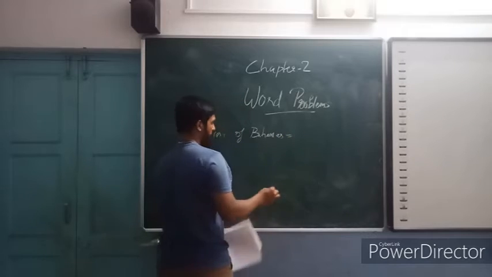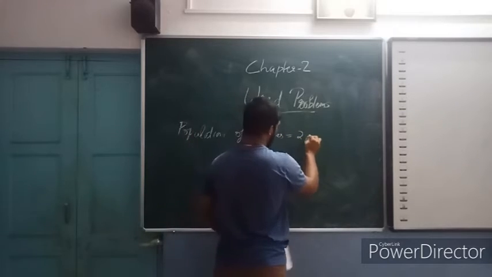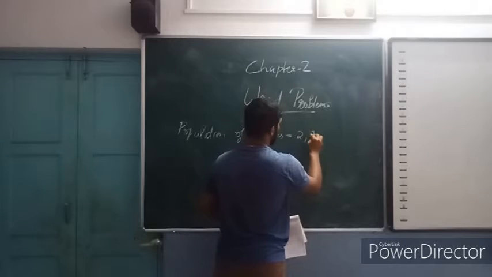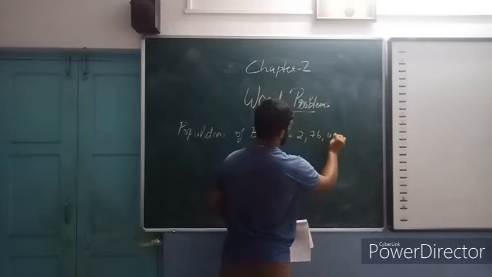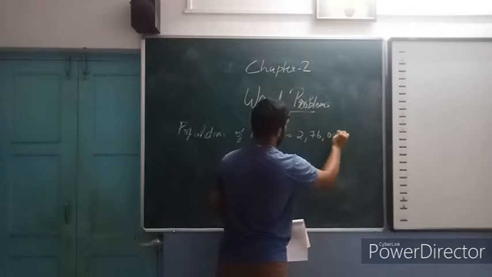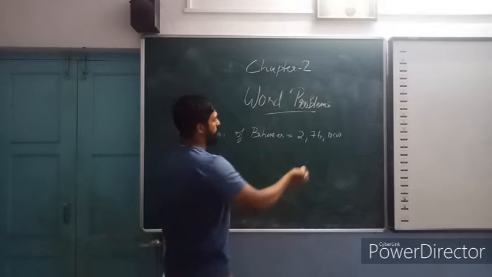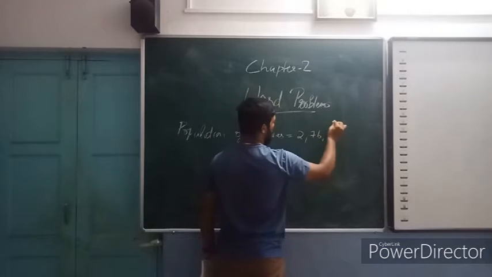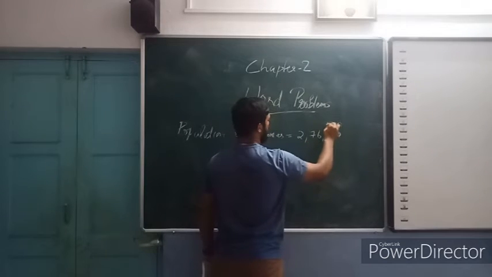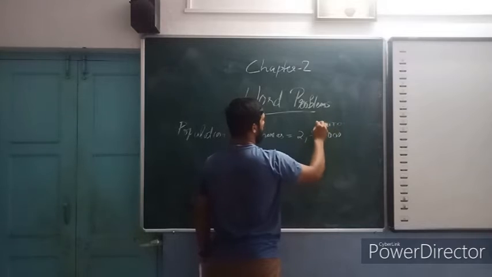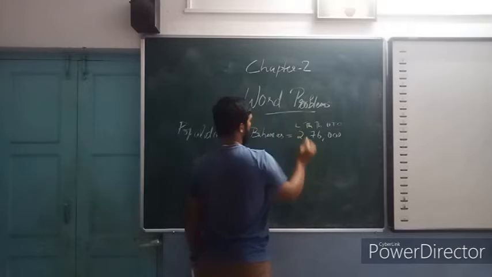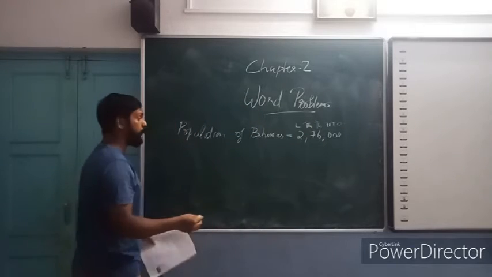It is given 2,76,000. Always remember, write them according to their place value table. What is the place value table? Ones, tens, hundreds, thousands, ten thousands, then lakh. Then it will be easy for you to add.